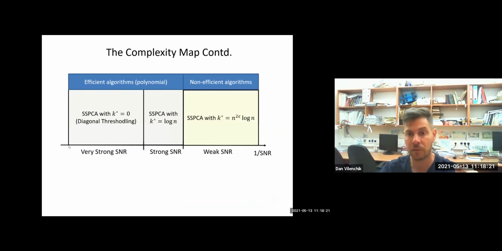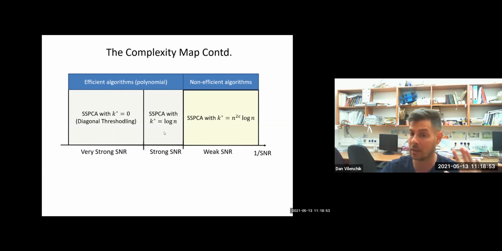And if we look at it from this even more bird's eye view angle, in this problem of sparse PCA, but again, this picture recurs in planted clique and in other problems, you have this strong SNR regime, which you can break into very strong SNR and strong SNR. In the very strong SNR regime, really simple, naive, greedy algorithms work, like diagonal thresholding.